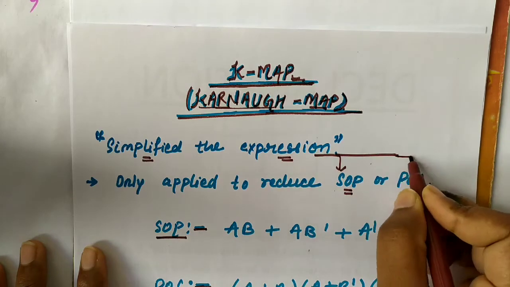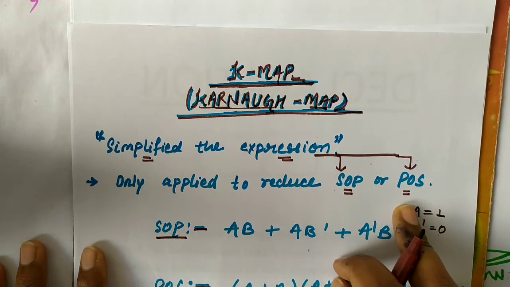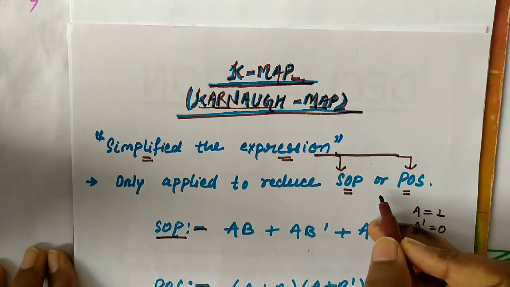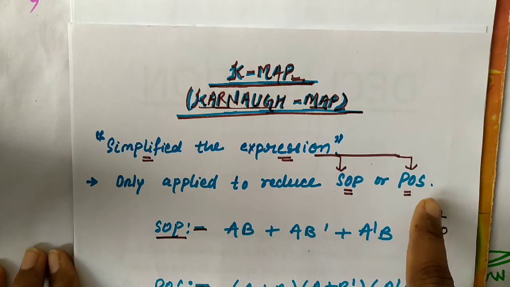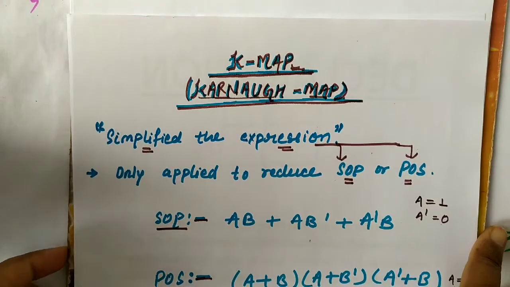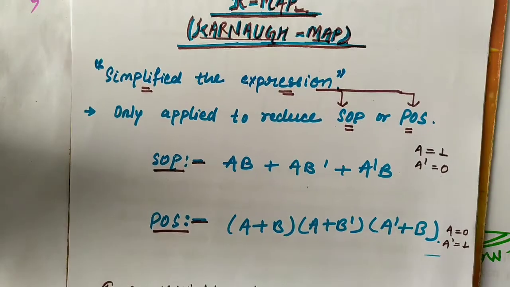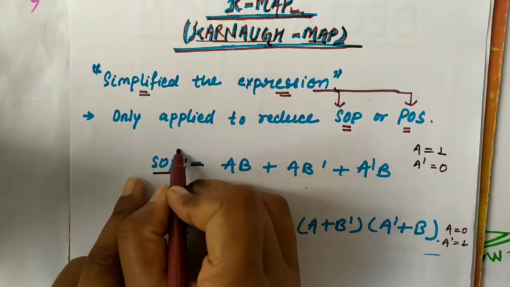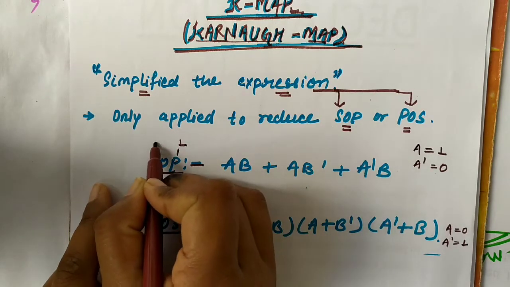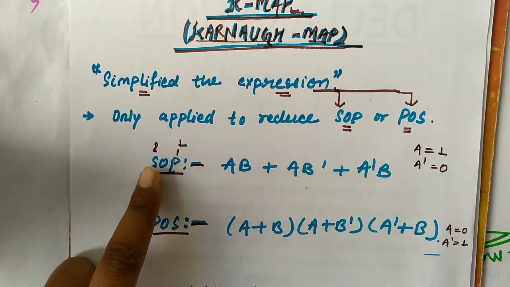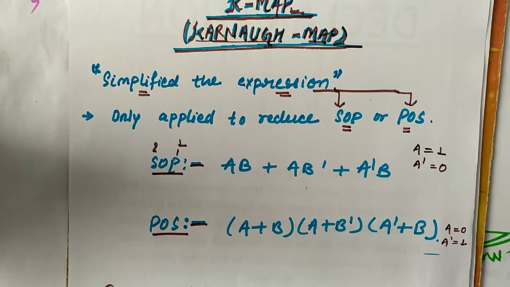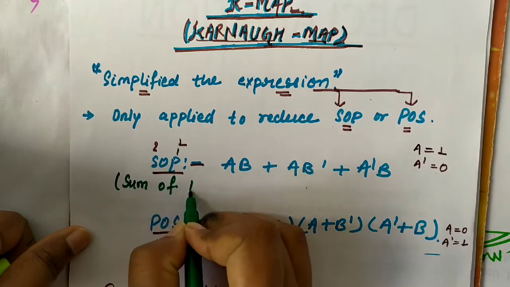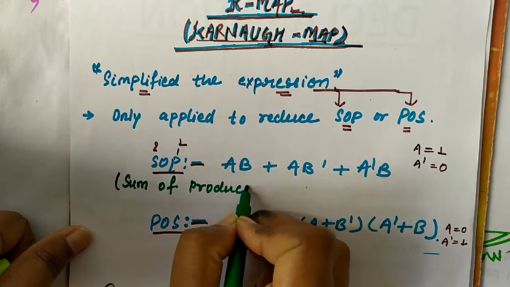In the previous video, we discussed SOP and POS and the difference between them. You can watch my previous video for a better understanding of SOP and POS. Here also I am discussing an example of POS and SOP. SOP means firstly we multiply, after that add. The full form of SOP is sum of product.